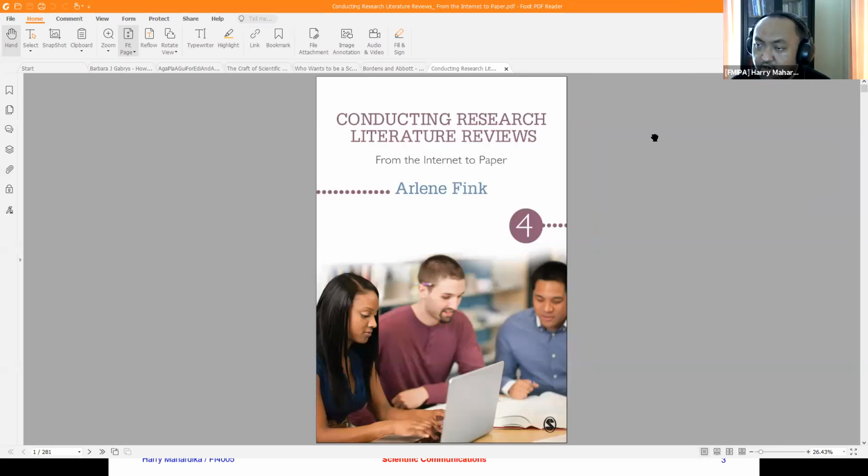Examples that you can access in order to broaden your knowledge about things related to research, publication, and so on.